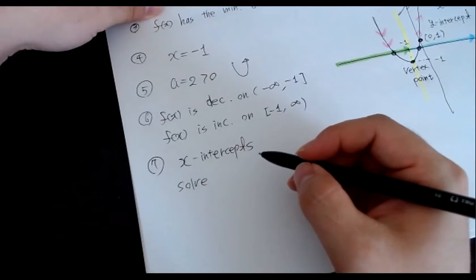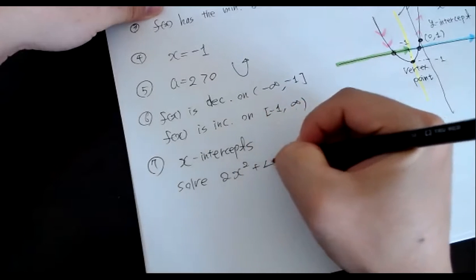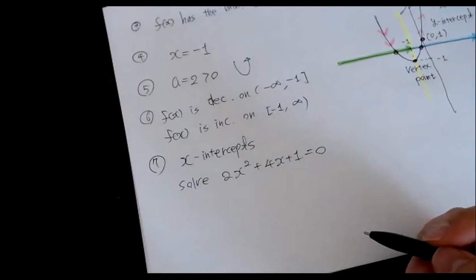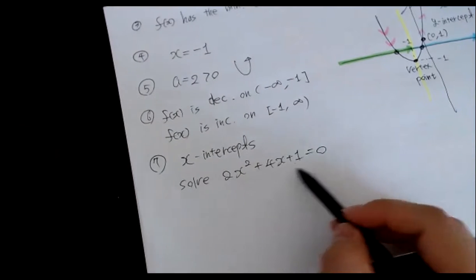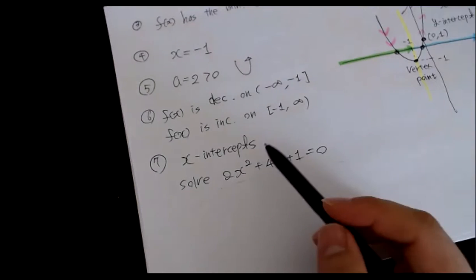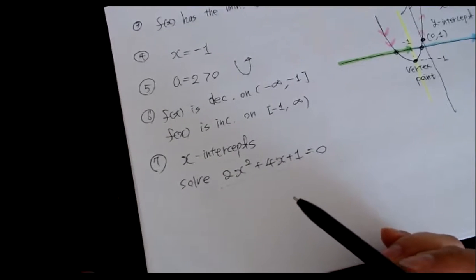In this example, 2x^2 + 4x + 1 = 0. In section 1.5, we learned how to solve quadratic equations by factoring, square root property, or completing the square. You may use completing the square, but let me simply use the quadratic formula.